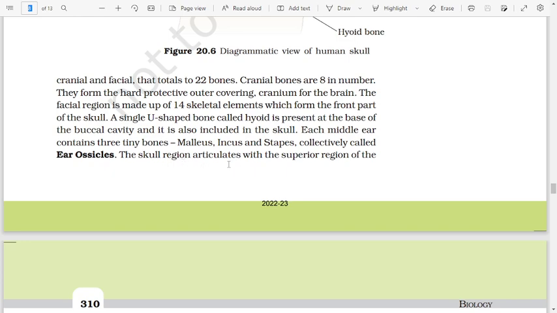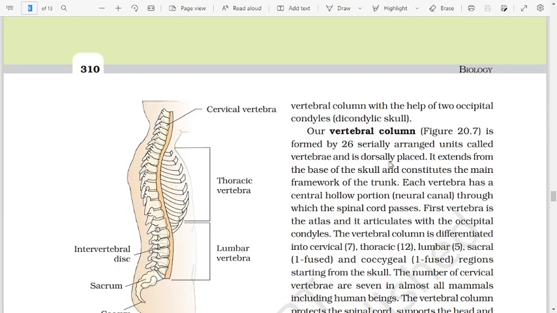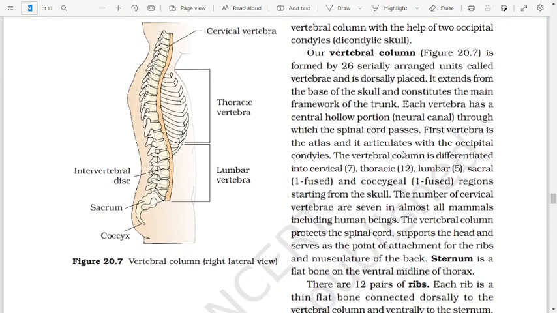The skull region articulates with the superior region of the vertebral column with the help of two occipital condyles, dicondylic skull. Our vertebral column, figure 20.7, is formed by 26 serially arranged units called vertebrae and is dorsally placed. It extends from the base of the skull and constitutes the main framework of the trunk.